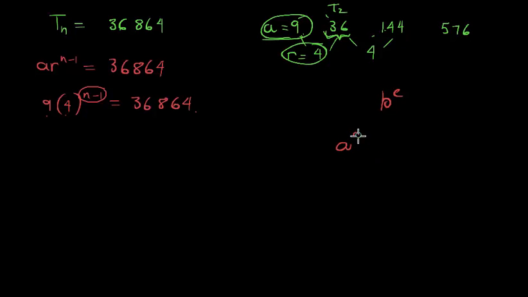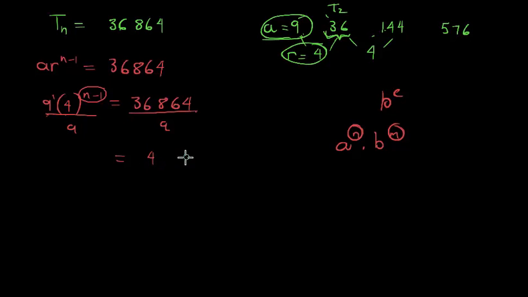A to the n times b to the n cannot be multiplied unless the exponents are the same or the bases are the same. If the bases are the same, we add exponents. If exponents are the same, we multiply bases. But here, this is an n minus 1, so we cannot. We cannot multiply these two, so we'll divide both sides by 9.